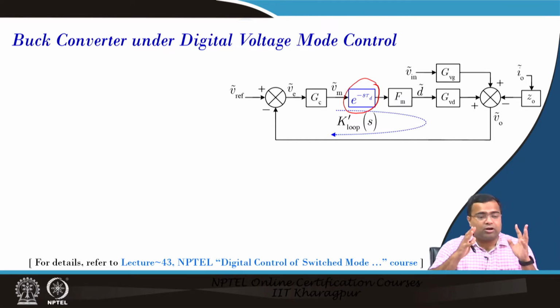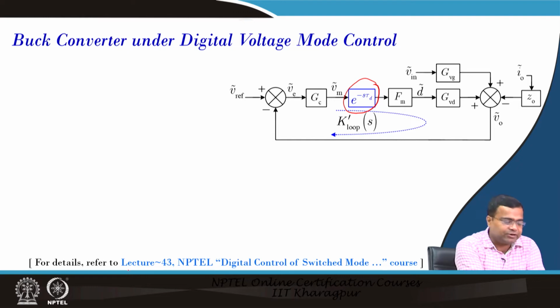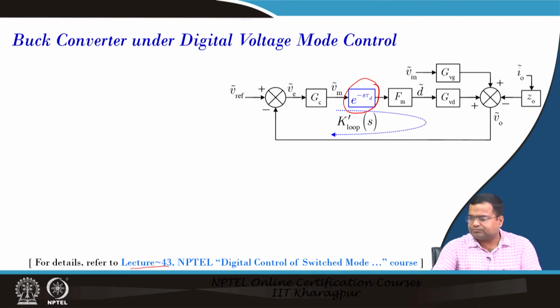But this model cannot predict subharmonic instability that may appear in hardware demonstration; it is good enough to characterize the small signal behavior. We have discussed this in lecture number 43.